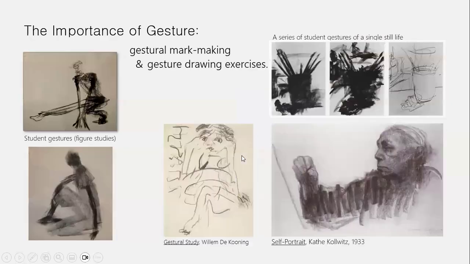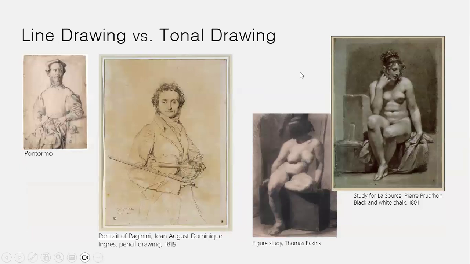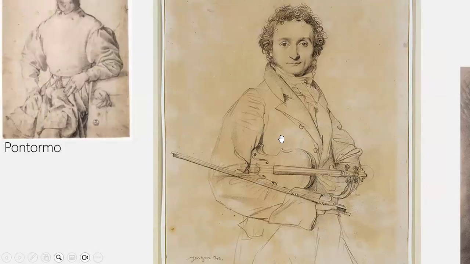And this one is subtle, you might not be able to see it, but there are little tiny hatching marks going right along there, very light hatching to build up tone and to build up value.